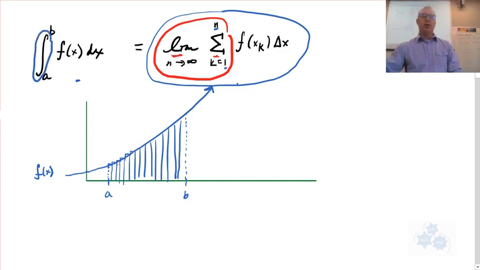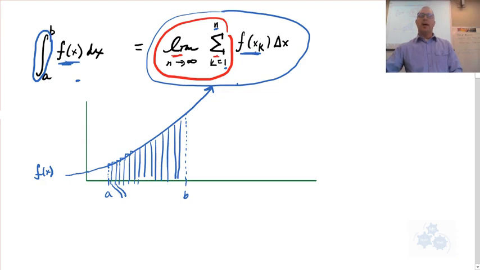So that's the same as this part. A limit of a sum means integral. Obviously the function would be the boundary there, the upper or lower boundary, and that's also represented here. Now we have this little x sub k. So x sub k would be the x values that would make either the right side or the left side of the little rectangles: x1, x2, x3, and so on.